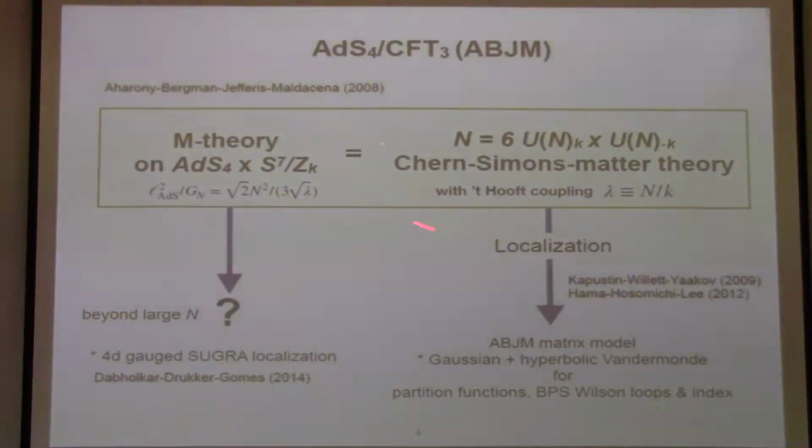And then on the other side, on the field theory side, is N=6 U(N) x U(N) Chern-Simons matter theory. And it has this 't Hooft coupling. And the parameters of these two theories are related in this way.